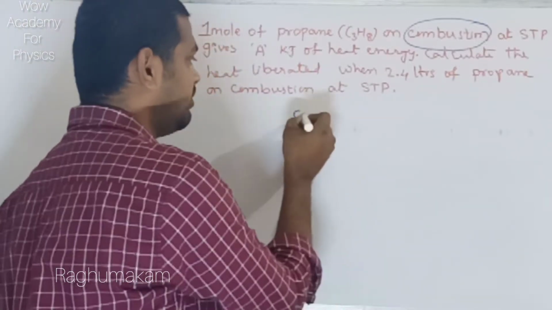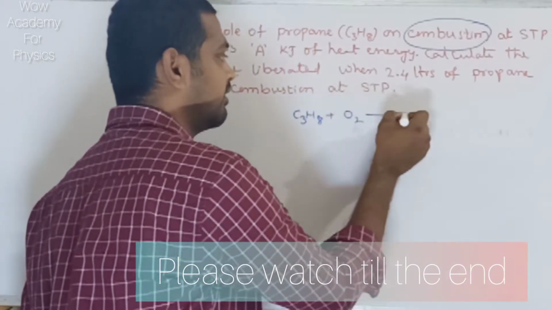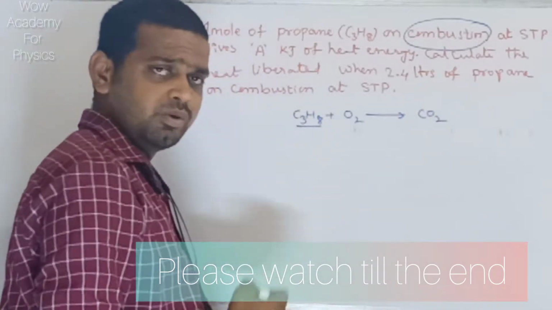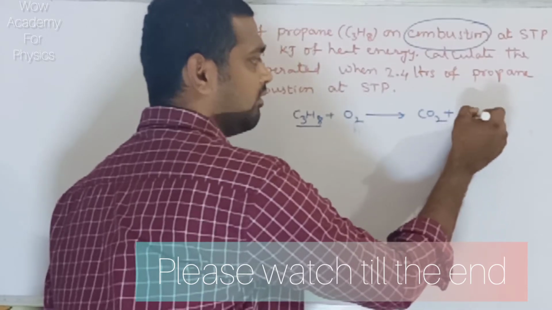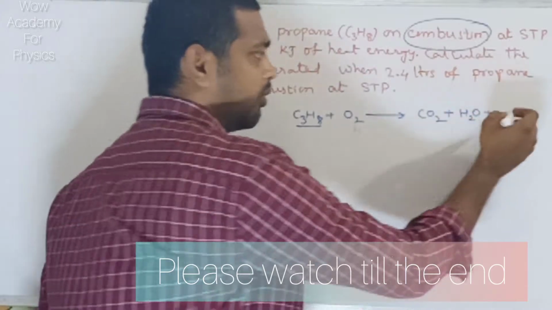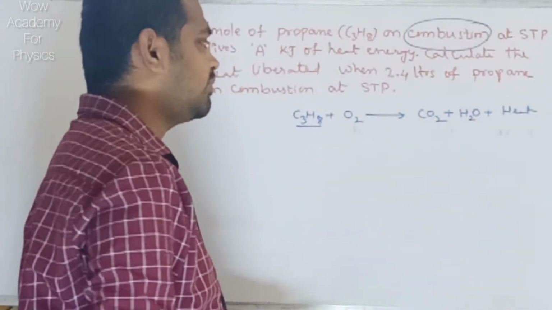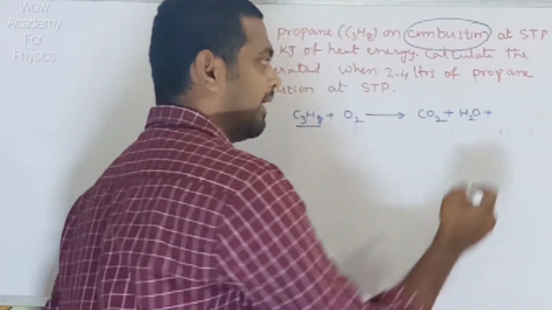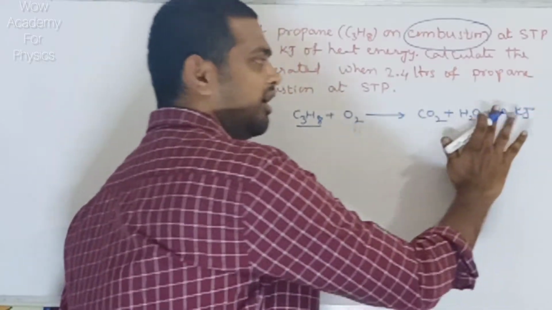So C3H8 during combustion, like any hydrocarbon, will produce carbon dioxide and water along with heat. Later we will write the term heat, or you can write it now, no problem. But as per the given question, the heat energy liberated is 8 kilojoules during the combustion.